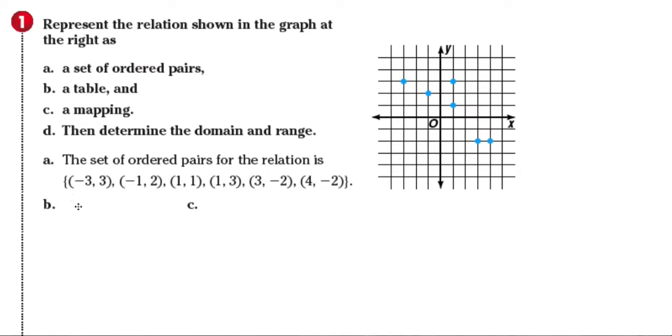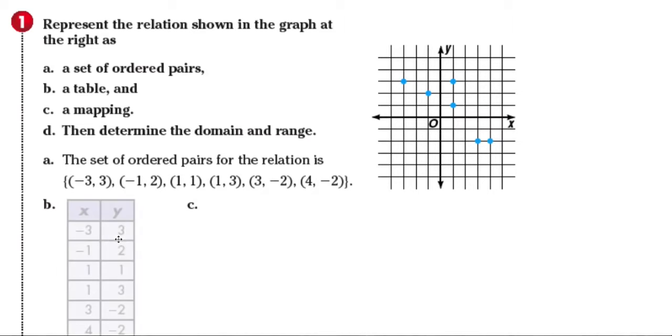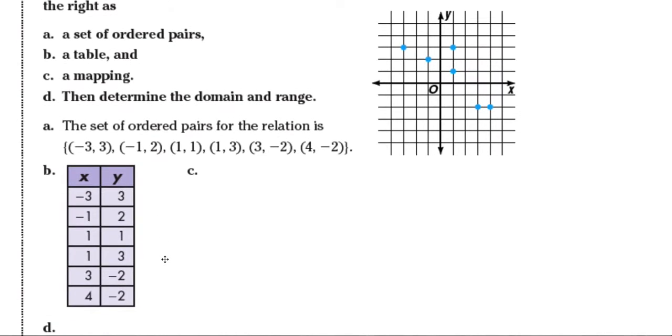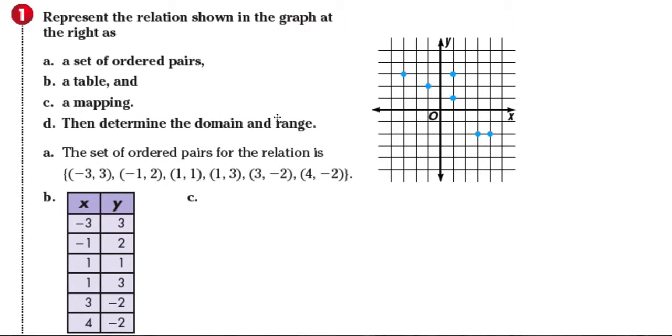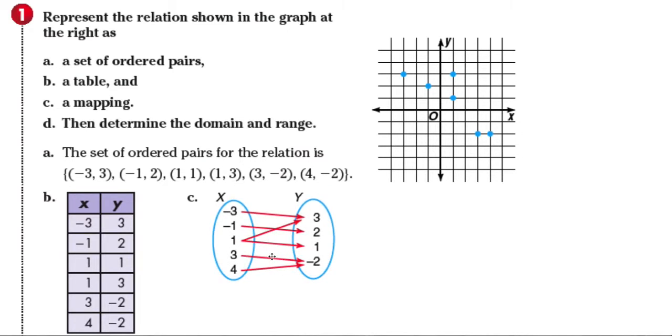And letter B, let's put that set of ordered pairs into a table, and this is how it looks. And letter C, as mapping, if you put it as a table, it becomes easy to map now. If you notice in the mapping part, you only write your 1 once, and then you just put 2 arrows to indicate which y coordinate it corresponds to.